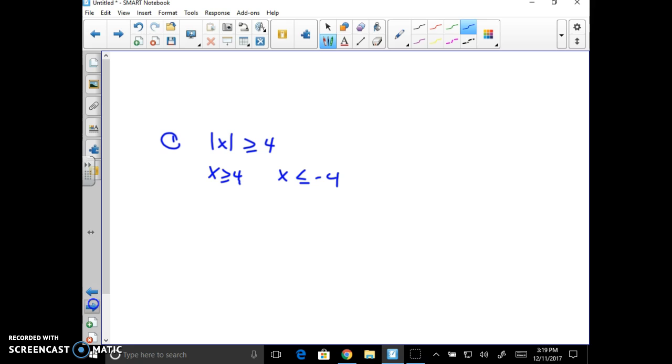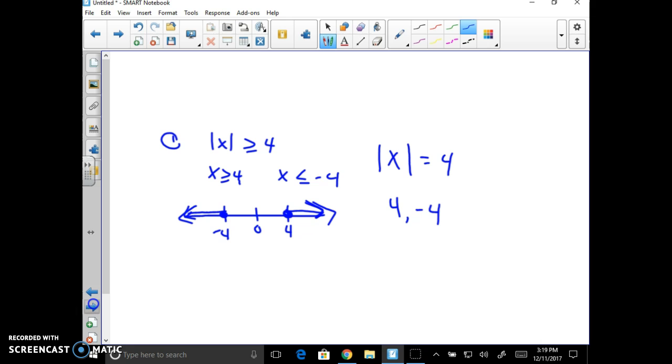So let's graph it. So to go negative 4, close circle, all the way over here. And then there's my 0, and I'm going to take 4, and I'm going to shade this way. Now this is based on, remember when we had the absolute value of x equals 4, we said we can substitute in 4 or negative 4.